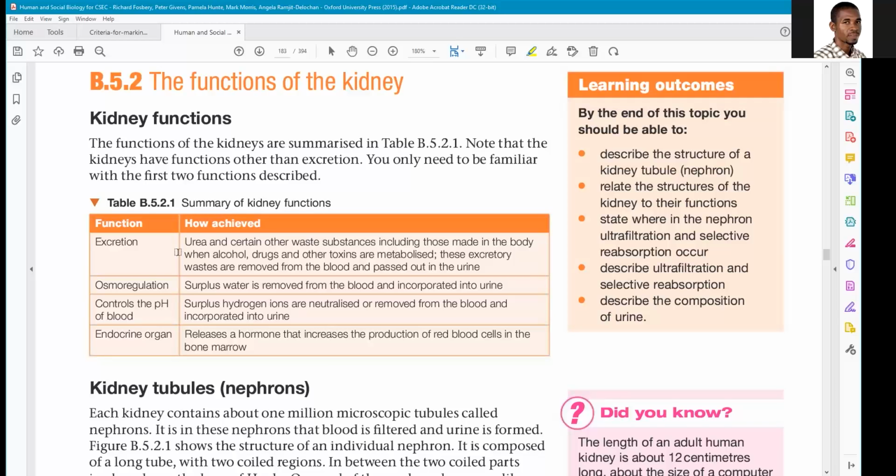Alcohol is dangerous in more than one way. So osmoregulation: the surplus water is removed from the blood and incorporated into the urine. If your blood is too dilute, it means your tissue fluid, the fluid around all the cells of your body, is also going to be too dilute. And you know what that means?